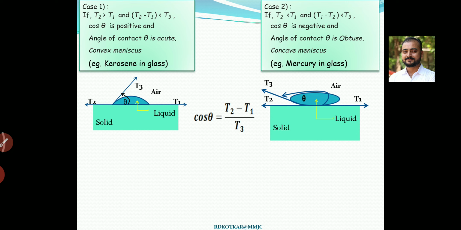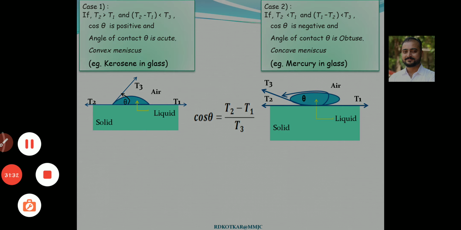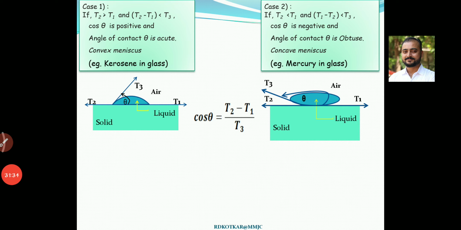Therefore, T2 minus T1 should be negative; the answer comes out negative. Second thing, the numerator should be less as compared to the T3 denominator. In this case also, the value of the numerator is less and the value of the denominator is greater.